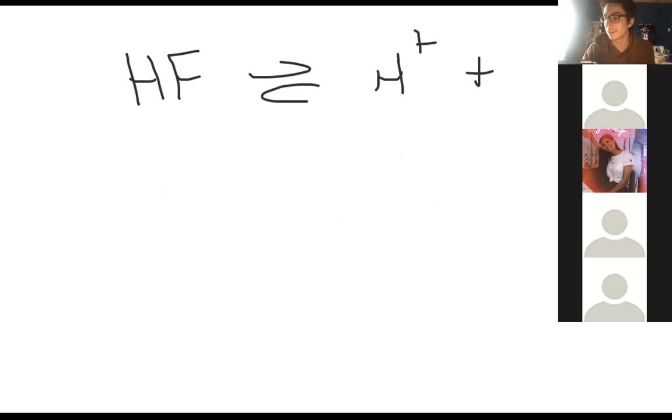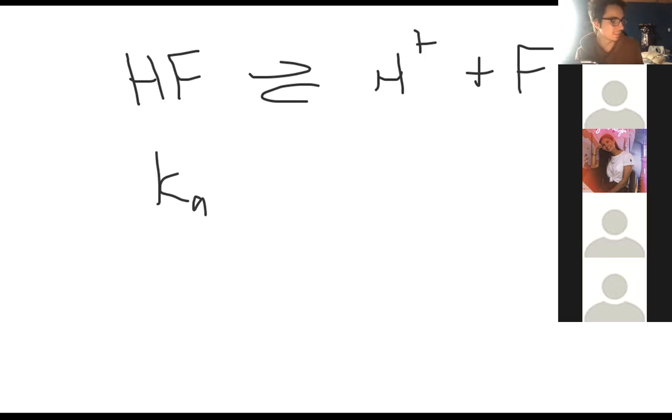So hydrofluoric acid, HF, dissociates into H+ and F minus. Are we going to use a Ka or Kb for this substance? Ka.